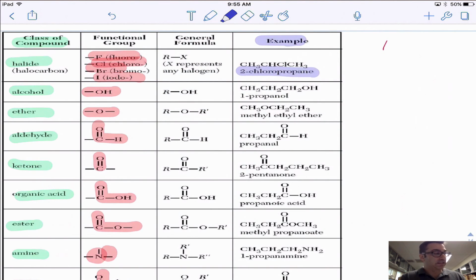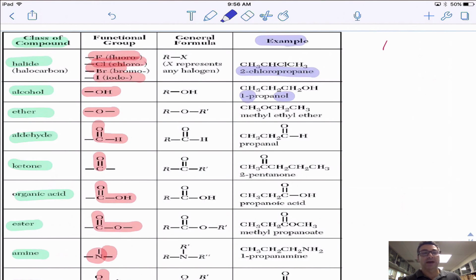Halides are named with the prefix in front: chloro for chlorine, fluoro for fluorine, bromo for bromine, iodo for iodine. For the alcohol, the ending changes. It becomes anol. And notice they have a number here for prop. That tells us that we generally do not number alcohols until we get to prop. We also see that with halides.